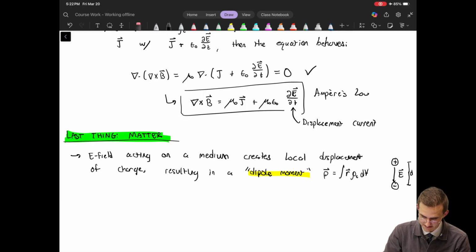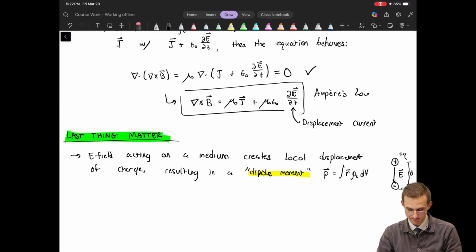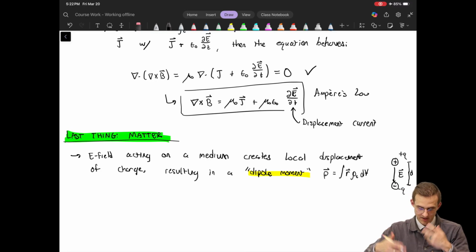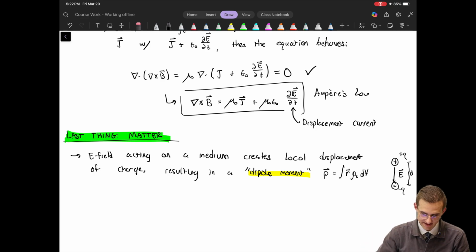In that case, if this is plus q and this is minus q, then the dipole moment is just q times d. But when I write down the formula, I'm writing it for a general continuous charge density.